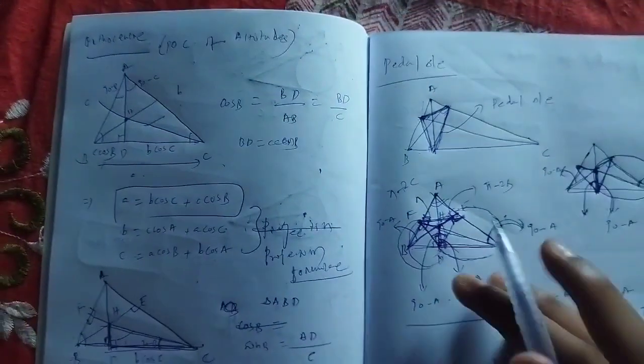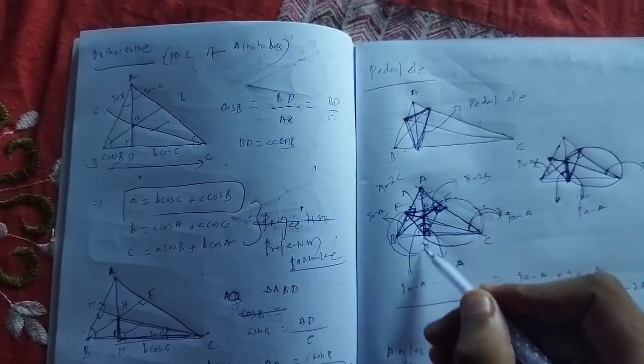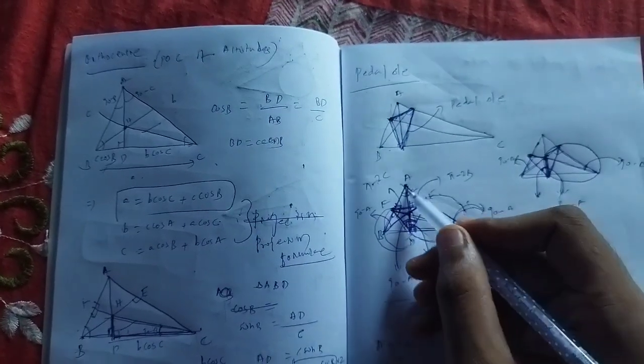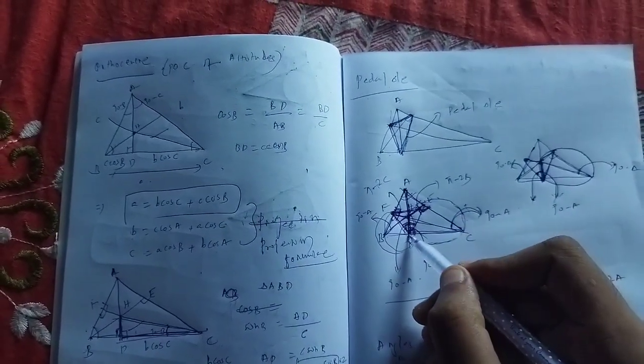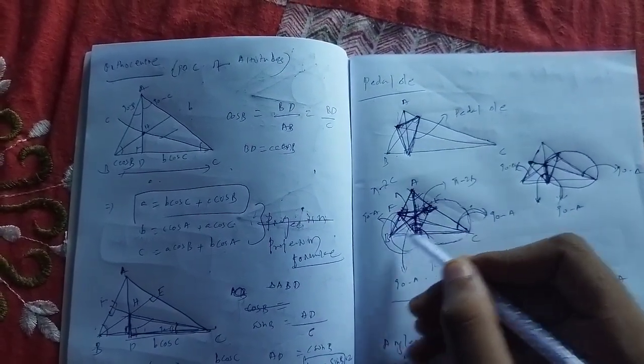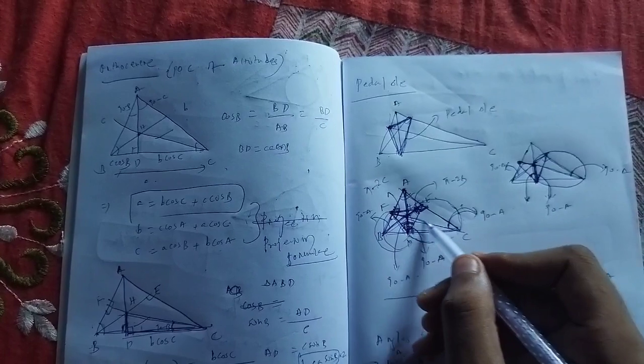These are the sides and angles of the pedal triangle. And one more thing: if you look here, these altitudes are bisecting the pedal triangle. This angle is bisected by this altitude, right? Similarly, this angle will be bisected by this altitude, and this angle is bisected by this altitude.